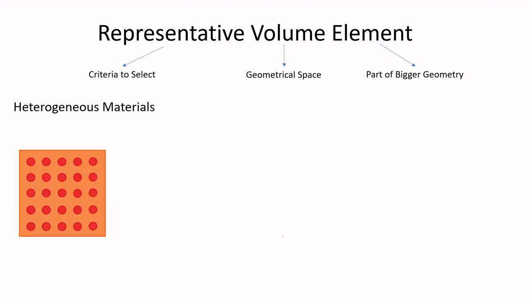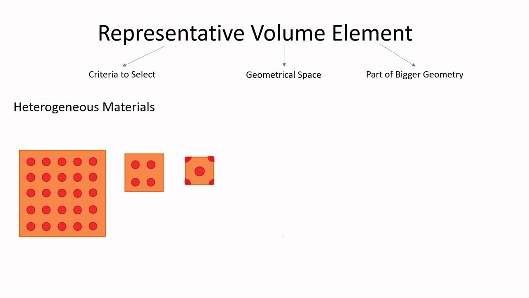So if we see the fiber composite like this, we can select any volume like this or like this. Suppose this we have selected as our volume element. Can we call this a representative volume element? Yes, we can, and it can represent the properties of the entire matrix.